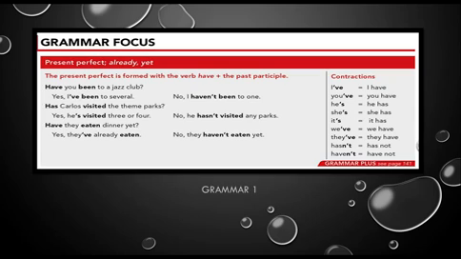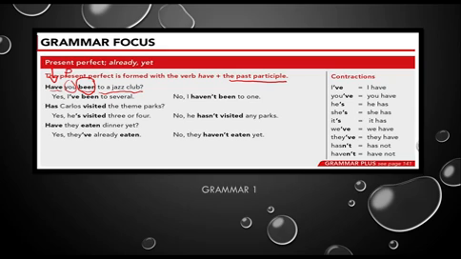For example, here: Have you been to a jazz club? So in this part, you can see the auxiliary, the pronoun, and the verb in past participle. That is the formula for making a question.